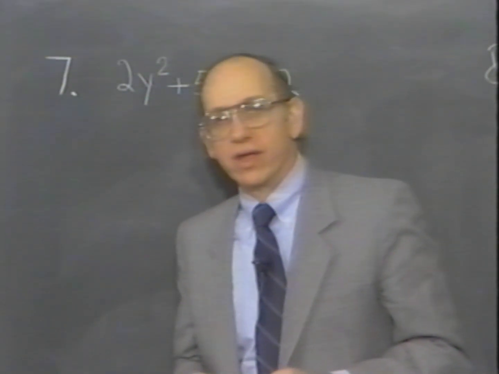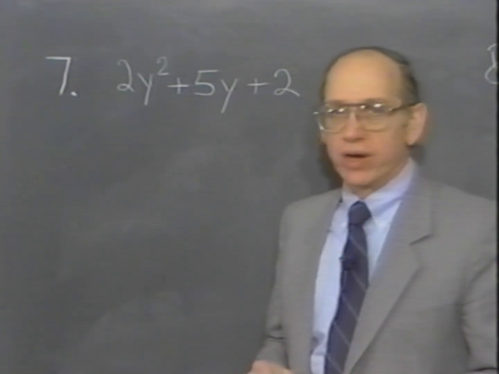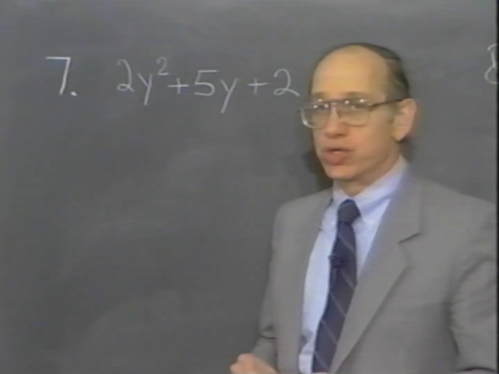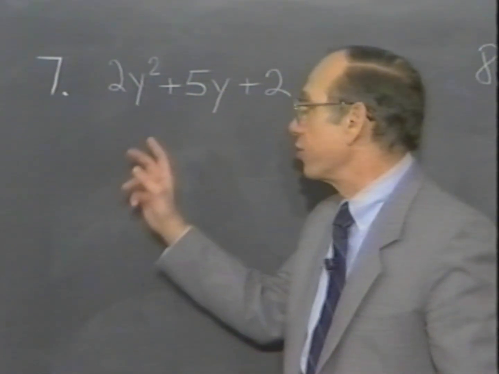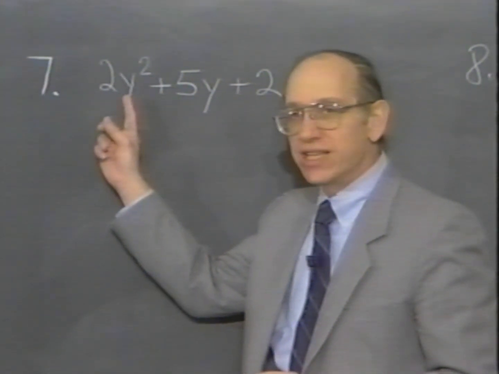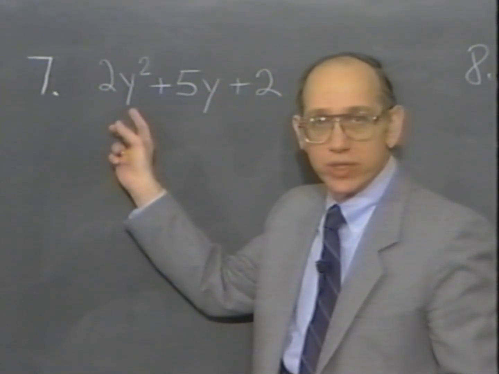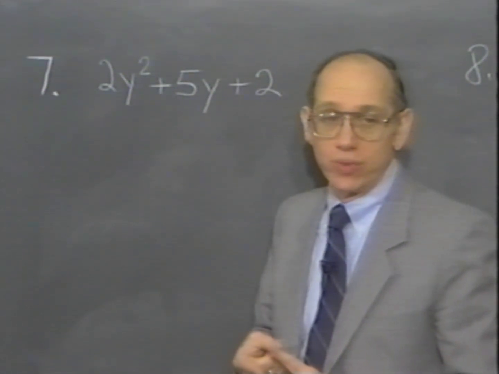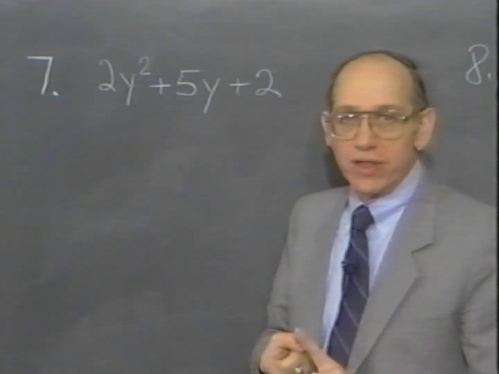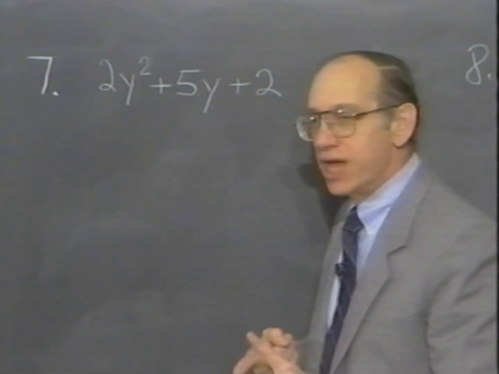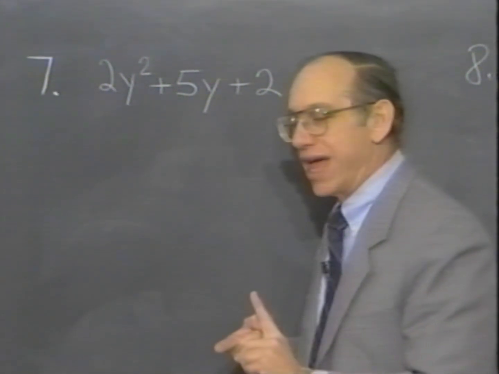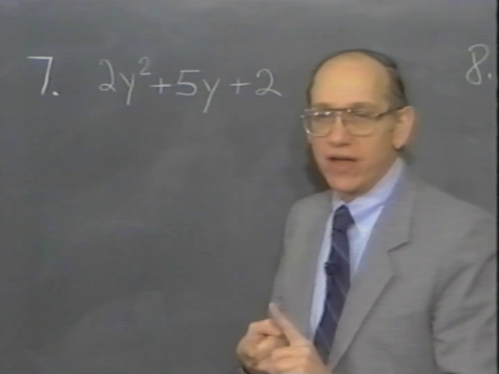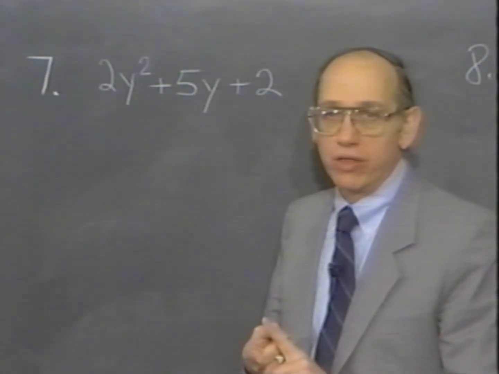Number 7, factor 2y squared plus 5y plus 2. Now, this is just a little more difficult than the ones we've been doing because we're not starting with just y squared, we're starting with 2y squared. That means that we expect to find factors not y plus a times y plus b, but at least one of the factors has to have a coefficient on the y.